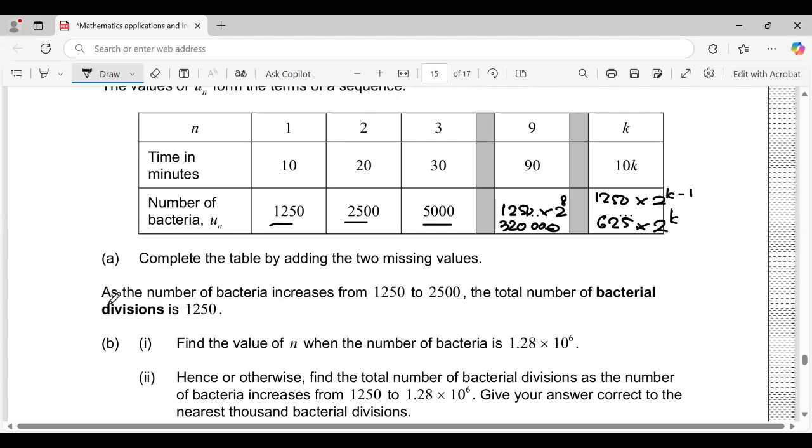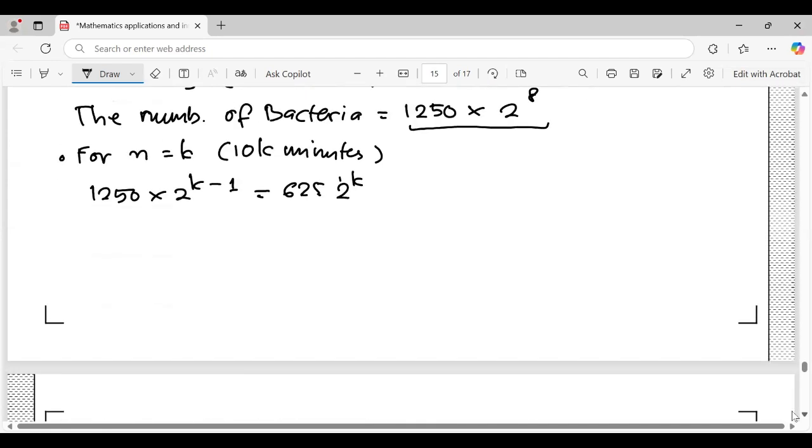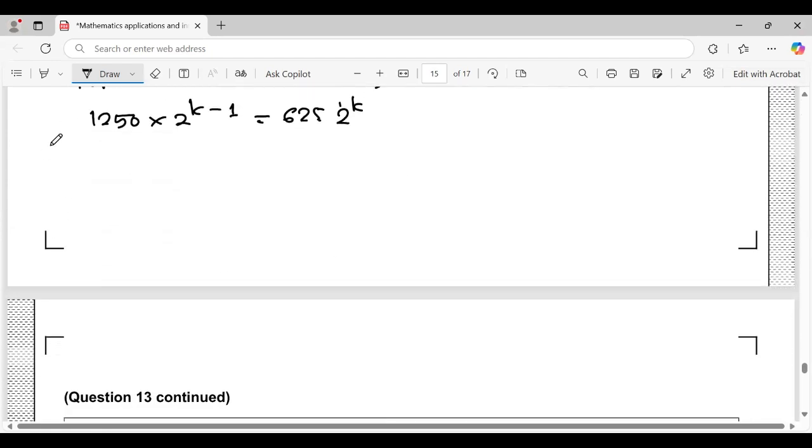All right, next. Find the value of n when the number of bacteria is 1.28 times 10 to the power 6. So 1,250 times 2 to the power n minus 1 equals, according to the information, 1.28 times 10 to the power 6.